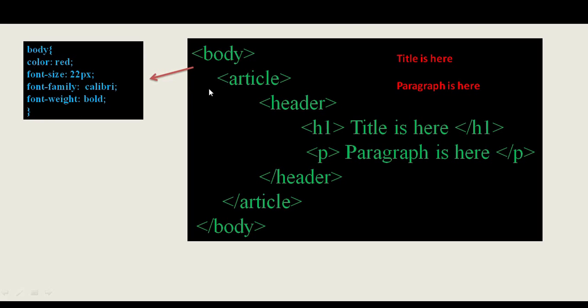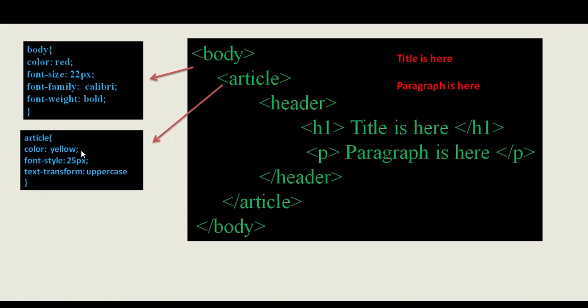Next, if I am applying some properties to the article element like this, I am including the same property names with different values to show you the difference. I am including the same color property: I had color here as red, and now I am including my color as yellow. Here the property name is font size. Please make a correction on it. If I look at the output of this particular article element, it will look like this.